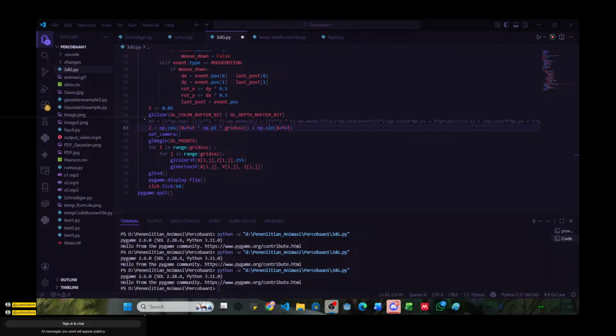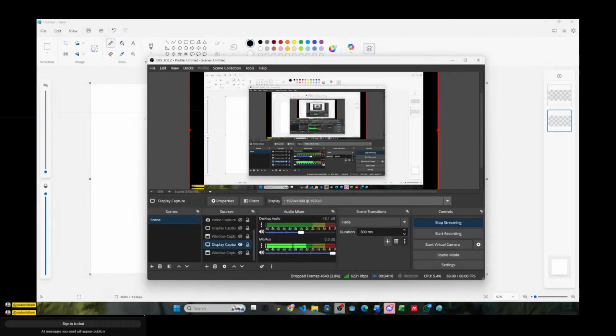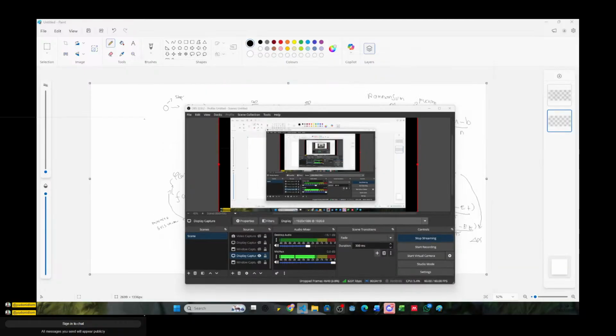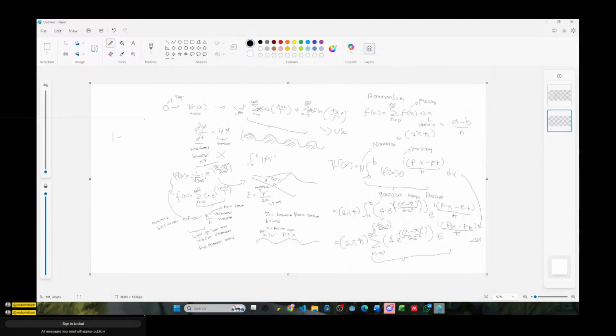Wait a minute, let me change the monitor first. The L is actually the length of the wave. Remember guys, this is not an actual Gaussian wave figure. The actual Gaussian wave figure equation looks like this.